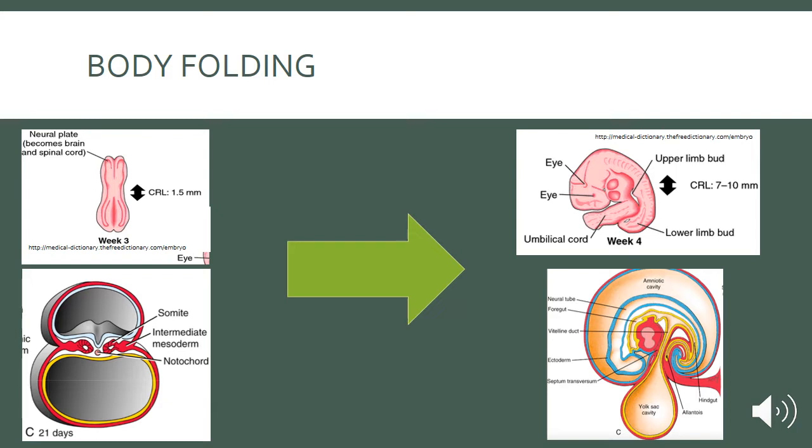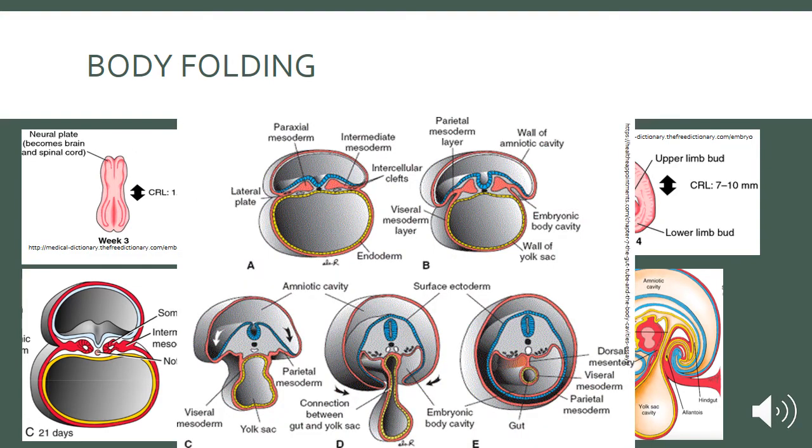The dorsal structures at this point are the notochord and the somites, which we'll cover later. But that folding underneath will also create the ventral surface of the embryo, or the stomach side. And that's what's shown in this picture here. So this is sort of a large overview of body folding, but we're going to cover each of these processes in detail.